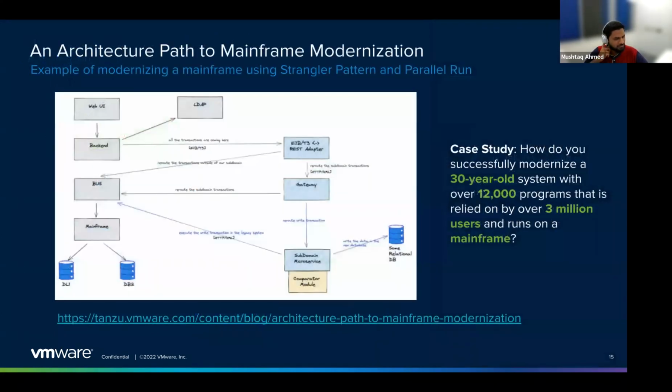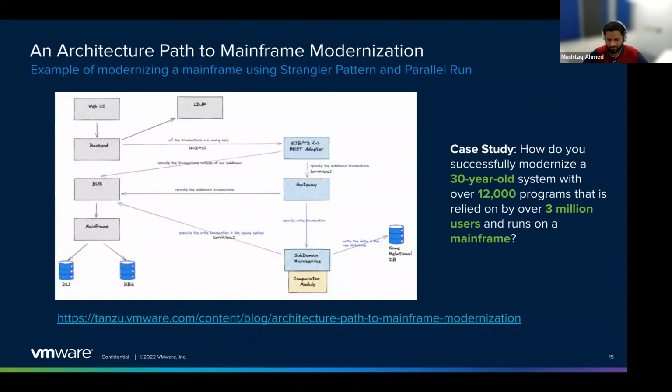Right. So having discussed these two patterns, Strangler Fig and the parallel run, I would like to share an article where we have a real world example of how Tanzu Labs approached migrating a business critical system from a mainframe infrastructure to a microservice architecture. This case study was about how we successfully modernized a 30-year-old system with over 12,000 programs that is relied on by over 3 million users and runs on a mainframe.